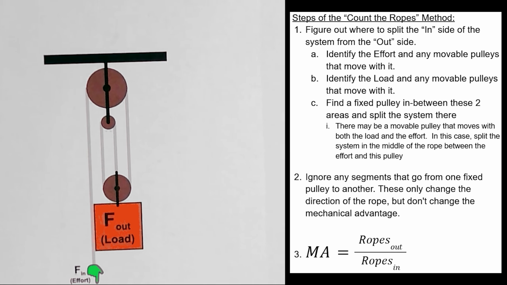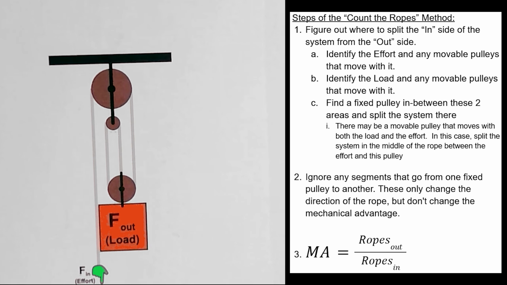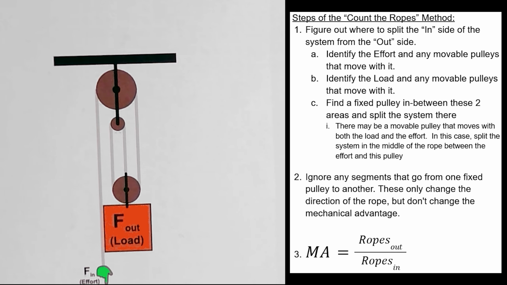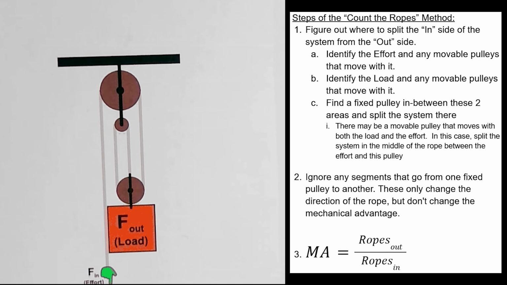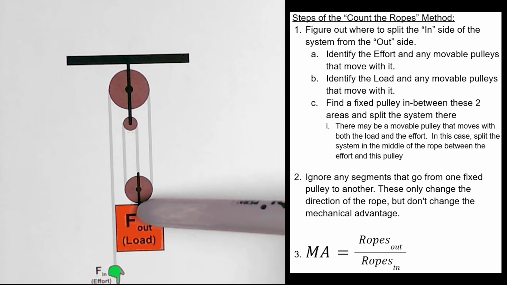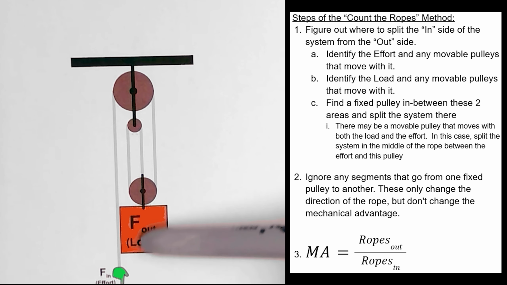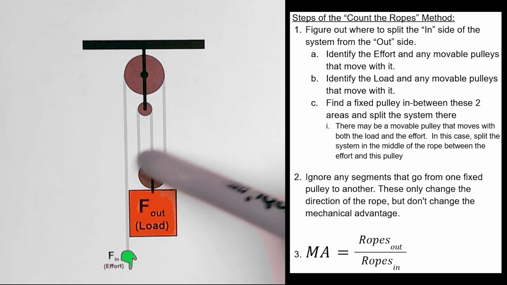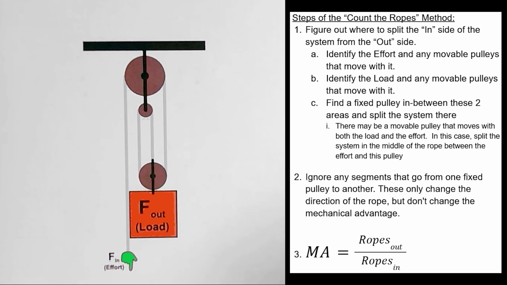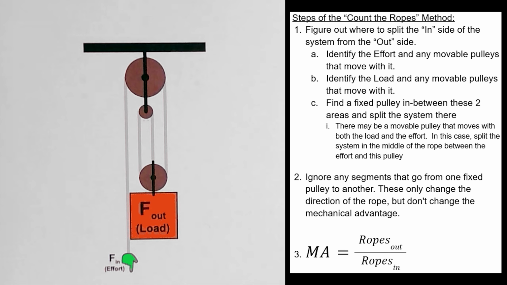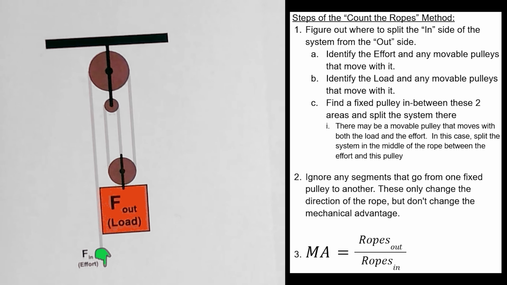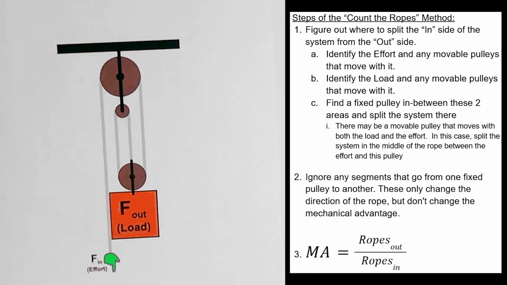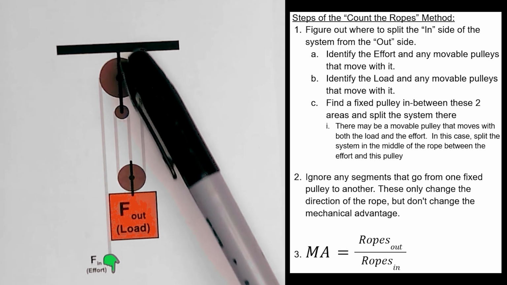Okay, same thing. We're going to figure out which of the movable pulleys are moving with the load versus the effort. So we've got two fixed pulleys, one movable, and it's attached to the load, so it's definitely going to be moving with the load. So everything kind of here-ish is going to be the load side of things. Now next, we find a fixed pulley in between those two areas.